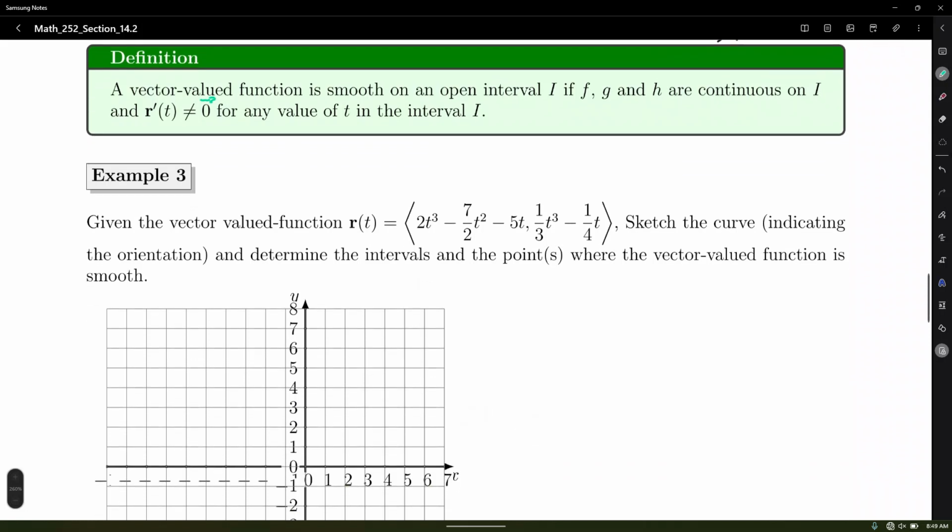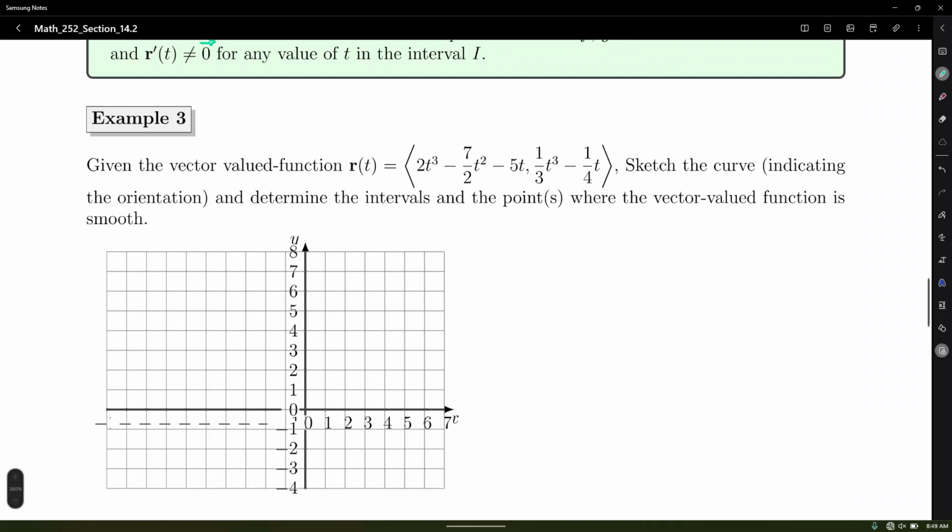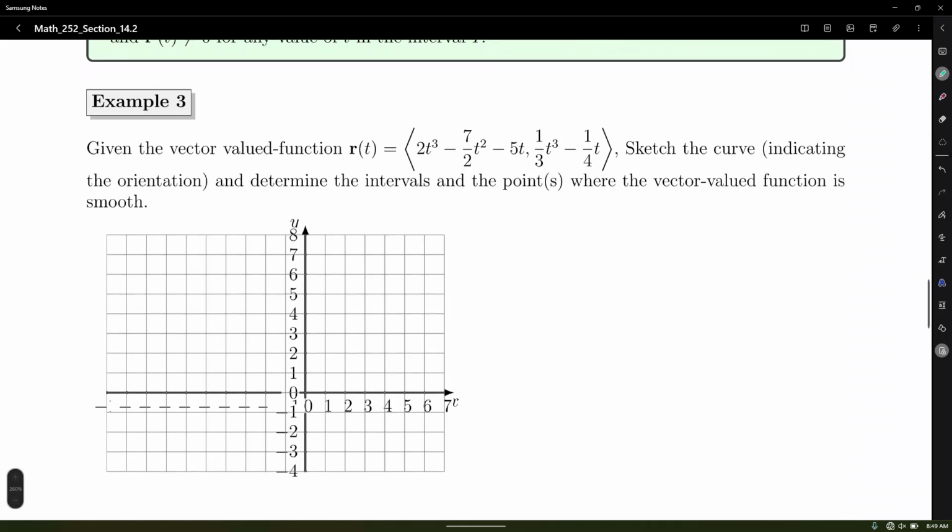Given the vector valued function r of t = ⟨2t³ − (7/2)t² − 5t, (1/3)t³ − (1/4)t⟩, sketch the curve indicating the orientation and determine the intervals and the points where the vector valued function is smooth. Let's have a look at the graph for this.